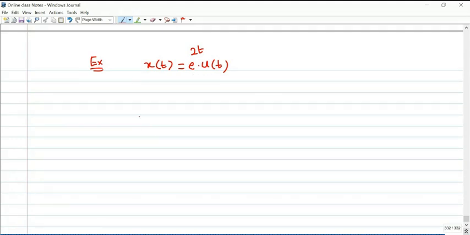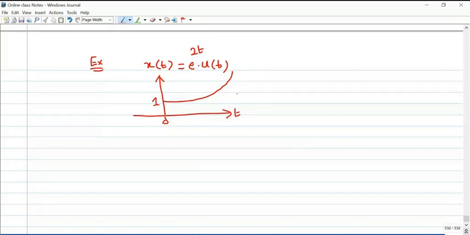So if you plot this signal, t versus x of t, you'll get a signal like this. E power 2t, at 0 it is 1. Then if you keep on increasing your t value, the e power value will increase. So this is your signal.